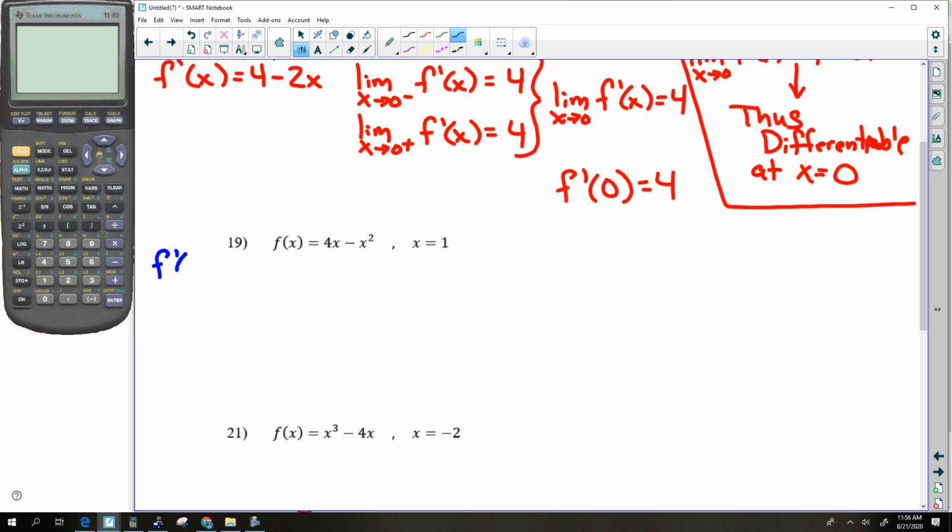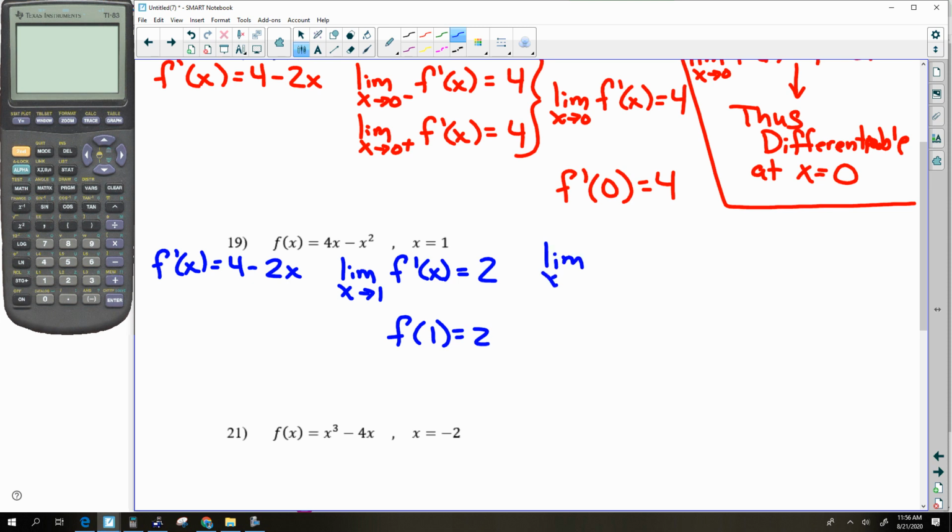This is the same equation. The limit as x goes to 1 of f prime of x is equal to 2. f of 1 is equal to 2.